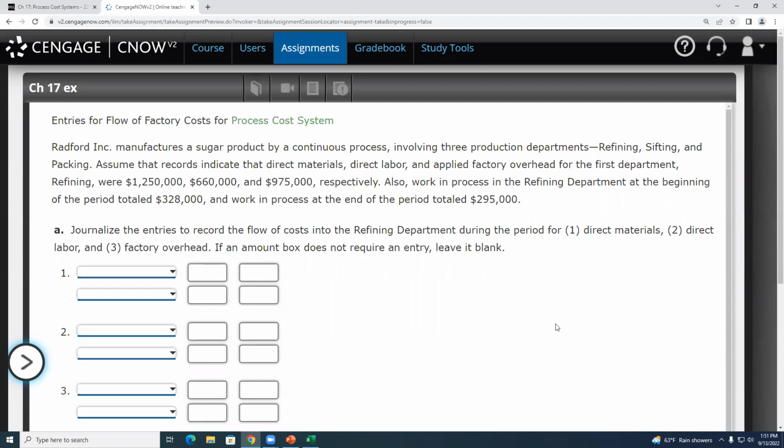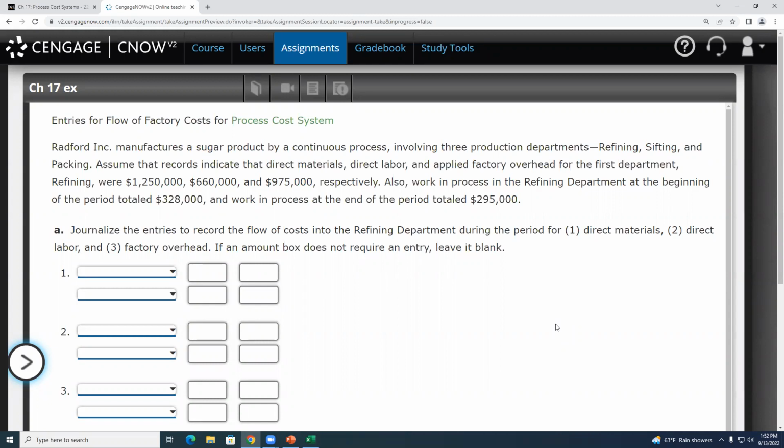Where in job order costing, we had those subsidiary ledger cards, but they weren't part of the general ledger. In the general ledger, there was just one work in process account that encompassed all of the jobs that were currently in process. But for a process cost using company, if they have multiple steps in their process, they will have multiple work in process accounts.